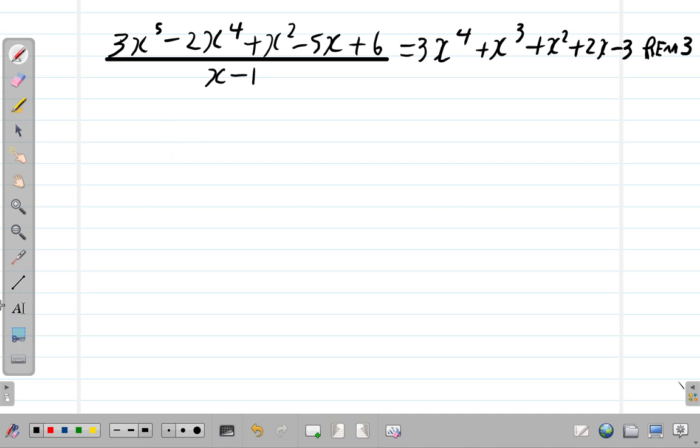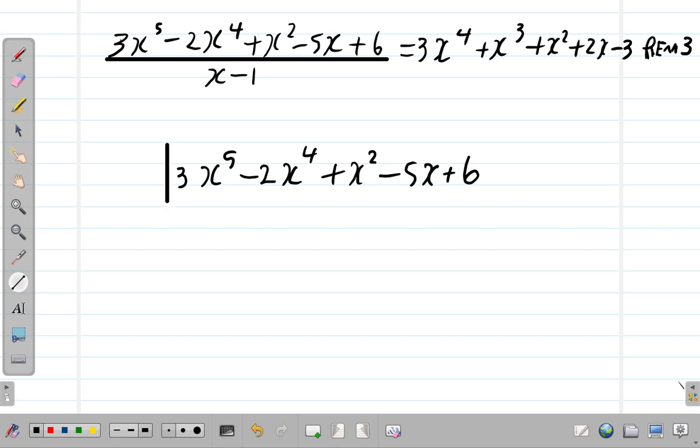So, we have 3x to the 5 minus 2x to the power of 4 plus x squared minus 5x plus 6, and the way you write the division sign now is like this.